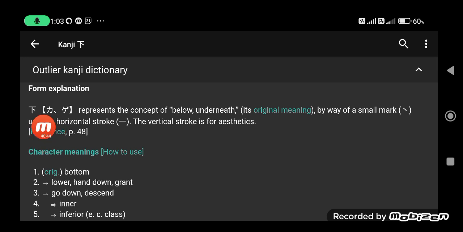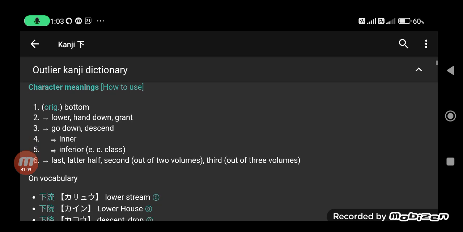So the ka or ge kanji represents the concept of below, underneath. The original meaning by way of a small mark. So the mark is below the reference line, pointing out the original meaning, below. Under or below a horizontal stroke. The vertical stroke there was later on added for aesthetics.